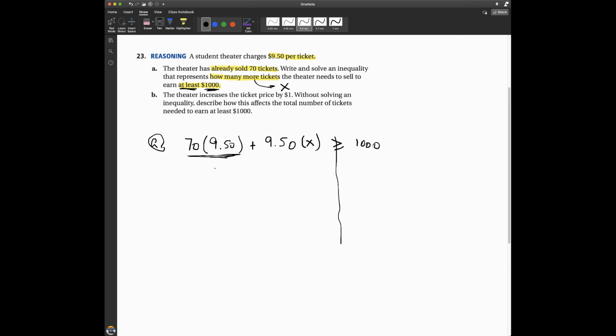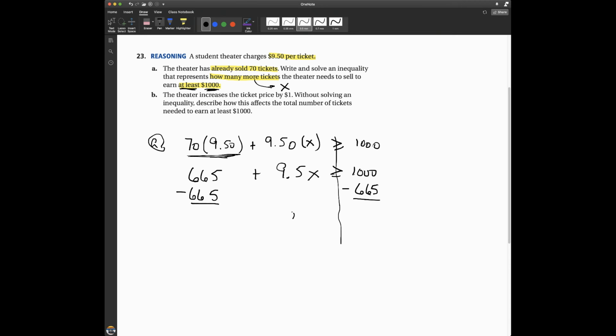Let's figure this out. 70 times 9.5, I turn my calculator on, 70 times 9.5 is 665. So this is how much money you've already made. And I'll write this as 9.5x. So let's subtract 665 from both sides.